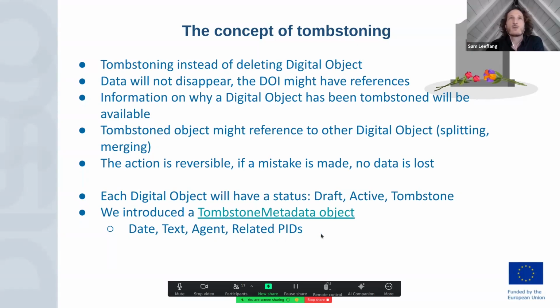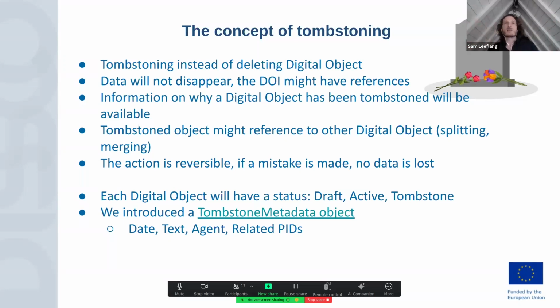This fits a lot better with the DOI concept, and we'll still have all the information of the original tombstoned object in our systems, so we can display it. You can have a look at it, and if we show it on DiSSCover, we'll put a big red marker there saying be careful, this is a tombstone record, it's no longer active.